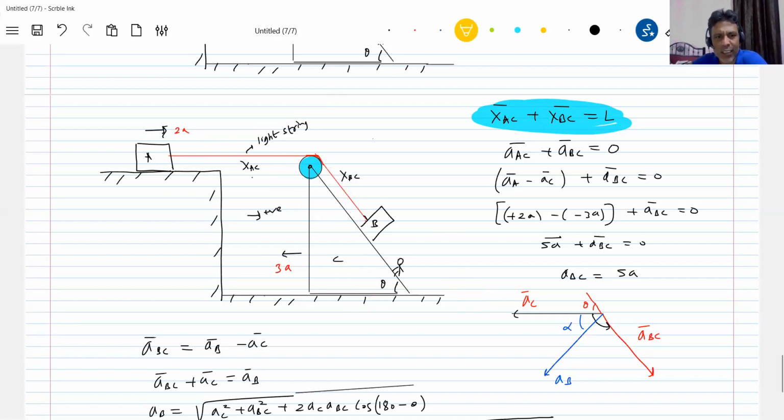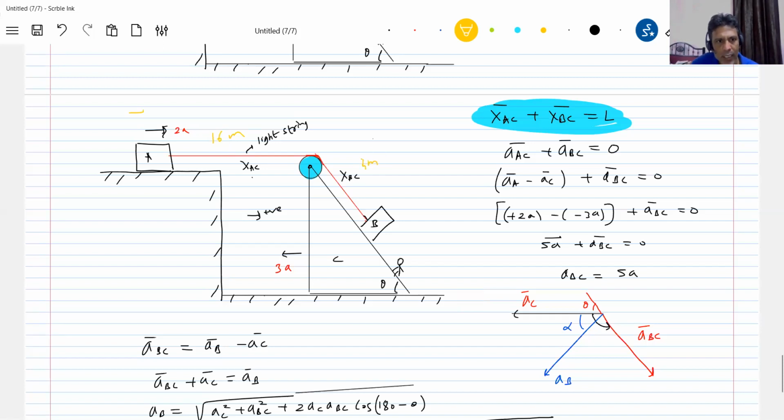You can start like this. Length of this 10 meters. Let the length of this be 6 meters. I'll assume some more: this will be 14 meters, let this be 5, and this will be 4 meters.